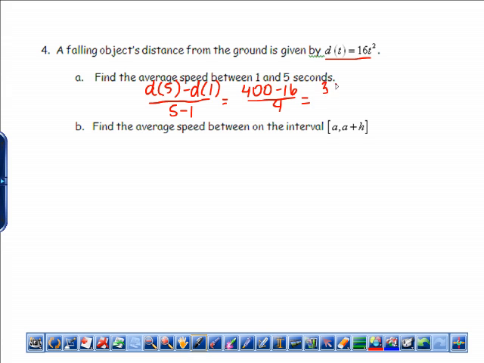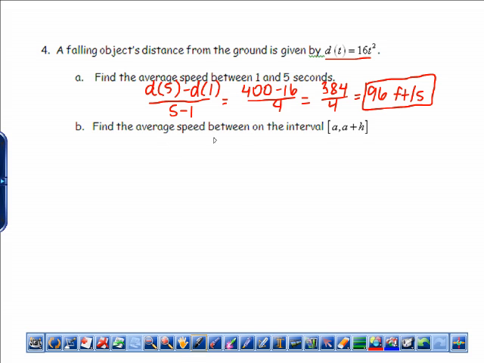So this becomes 384 over 4, which is 96. Now we do want to use units, and that's going to be feet per second. And so the average speed, the speed is changing. Gravity is causing some acceleration here, but the speed is changing. But between 1 and 5 seconds, the average speed is 96 feet per second.